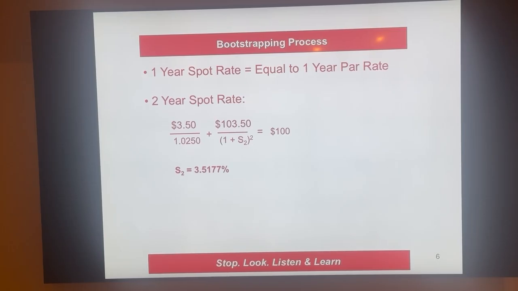So essentially what you would have is 103.50 divided by 1 plus the 2nd-year spot rate squared, and that is going to be equal to 100 minus whatever you get when you divide $3.50 by 1 plus the 1-year spot rate.